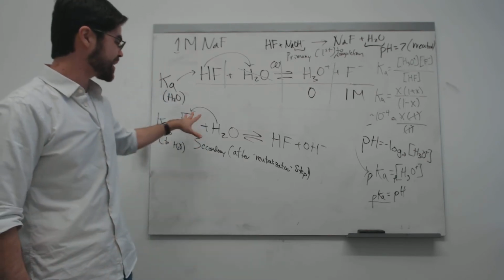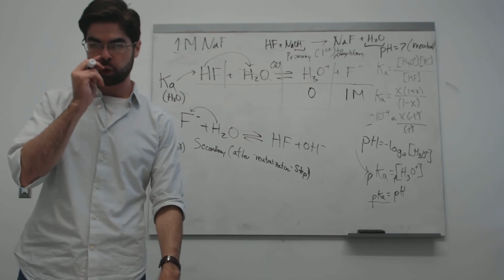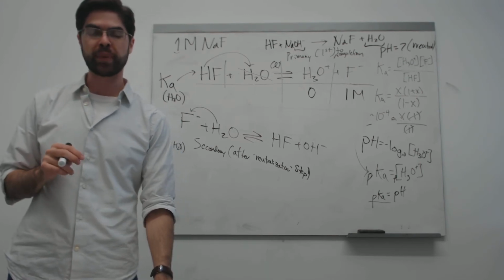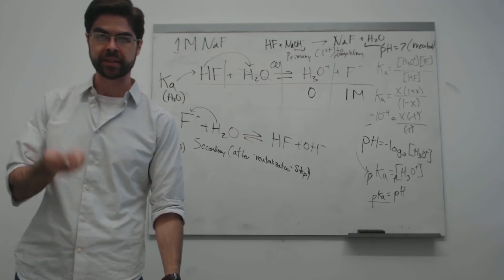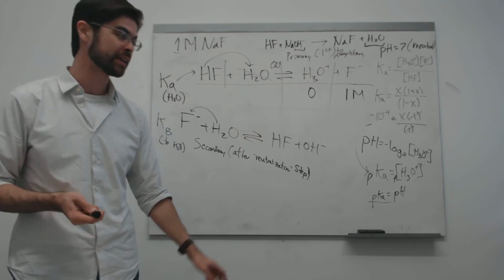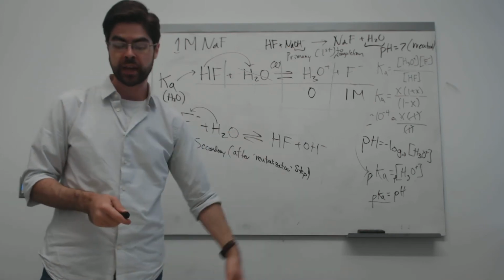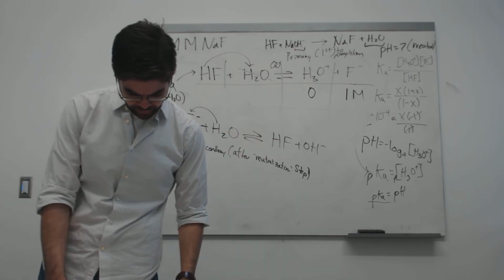So in that sense, that is the explanation for why the sodium fluoride solution is basic: fluoride is the conjugate base of hydrofluoric acid. It is capable and very willing to take protons and reproduce HF.